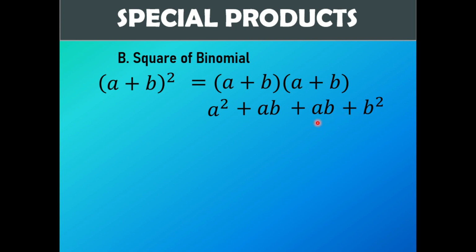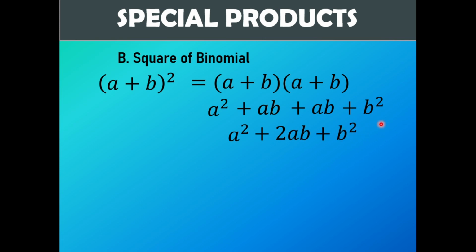Notice that the second and third terms are the same, so we can simplify this into a squared plus twice the product of a and b, or 2ab, plus b squared.